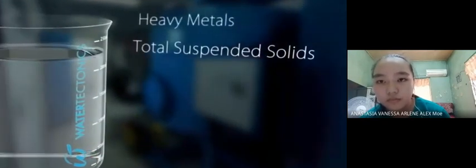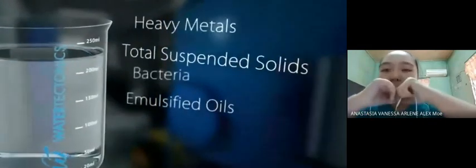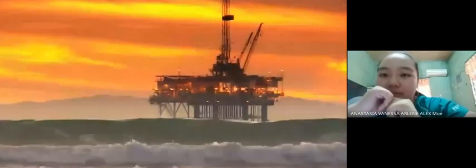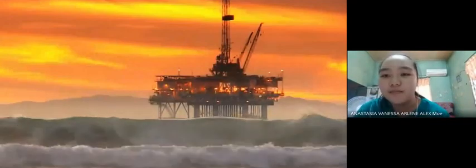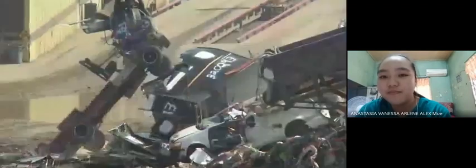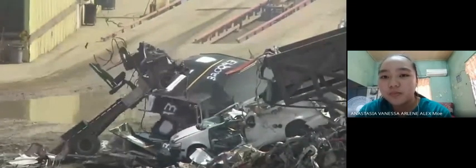The wave ionic system uses electrocoagulation enhanced filtration technology to remove total suspended solids, heavy metals, emulsified oils, bacteria, and other contaminants from water. This system is suited for applications such as oil and gas produced water, mine process water, industrial storm and wastewater, and construction stormwater.